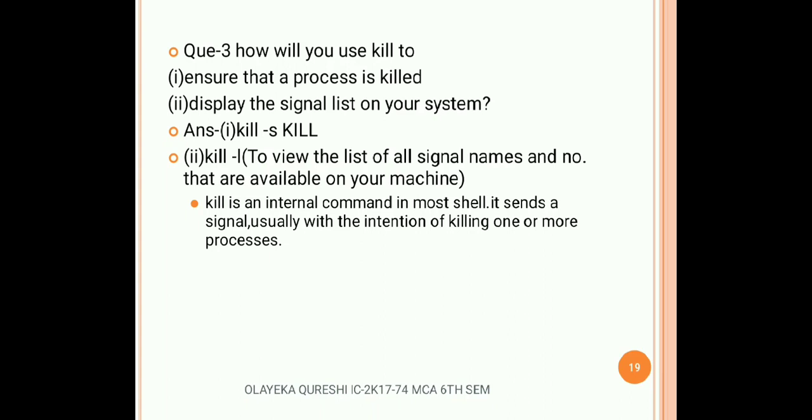To view the list of all signal names and numbers that are available on your machine, we must have a look at the kill command. Kill is an internal command in most shells. It sends a signal, usually with the intention of killing one or more processes.